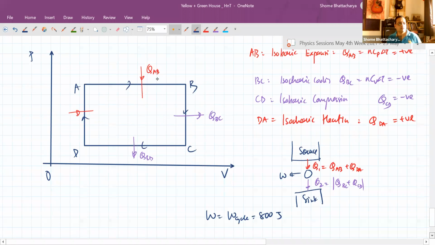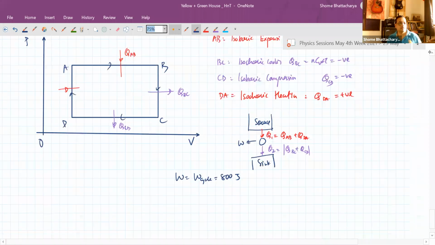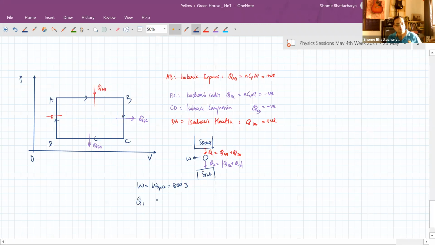But Q1 is this, which you can see will be, sorry, DA. So this you can see will be nCP into this plus nCV into this.